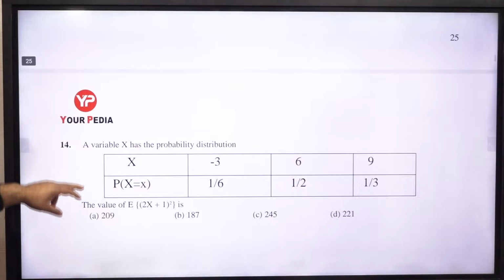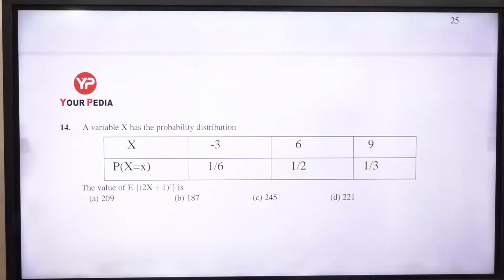So read this question and try to find out the answer. Probability mass function is given to you, probability distribution is given to you, and you have to calculate this expectation. So you know expectation is also an important topic.